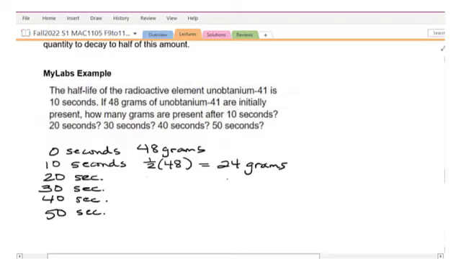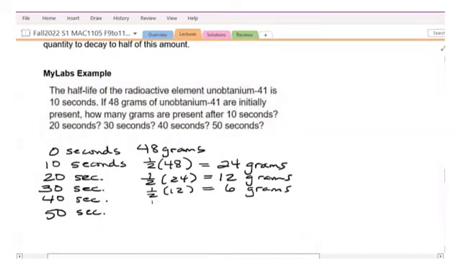So we're going to have half of 24 after 20 seconds. So that's going to be 12 grams. And we're going to have half of 12 after 30 seconds. So that's going to be 6 grams. After 40 seconds, it's half of 6. So that's going to be 3 grams. And after 50 seconds, how many grams are we going to have?